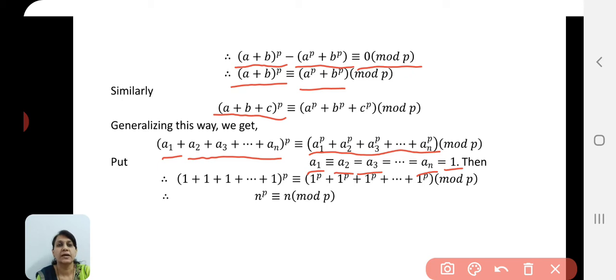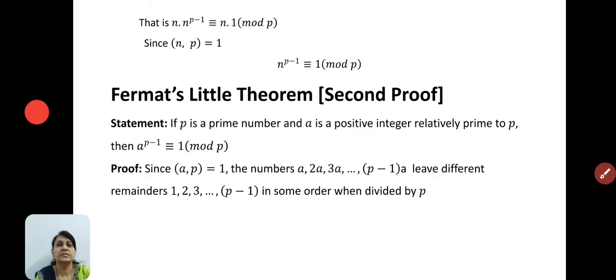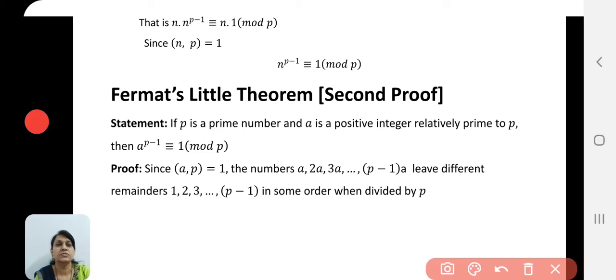By putting these equal to 1, we get n raised to p congruent to n mod p. Now this can be written as n into n raised to p minus 1 congruent to n into 1 mod p, or n raised to p minus 1 is congruent to 1 mod p.